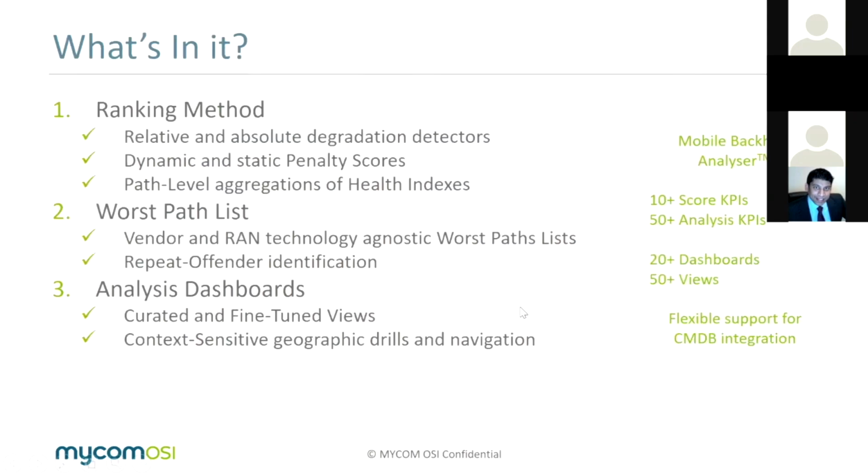And it follows a very similar style of the root cause analyzer and the worst cell and worst cluster analysis through ranking method, and also dynamic and static penalty scores with curated dashboards, which we have embedded with a whole bunch of scorecard KPIs and analysis KPIs across various vendors and technologies.